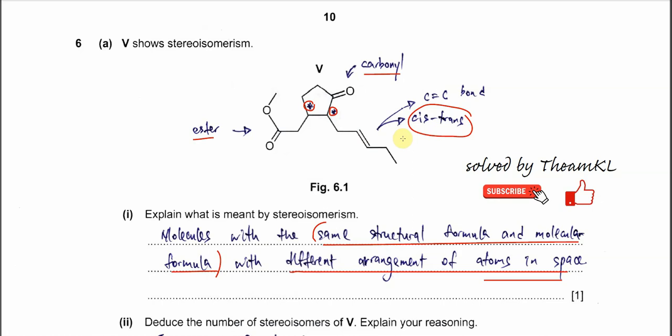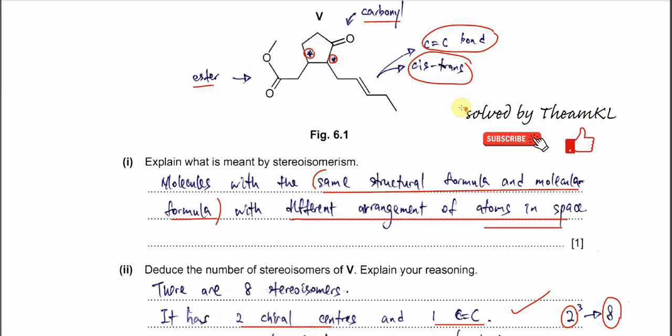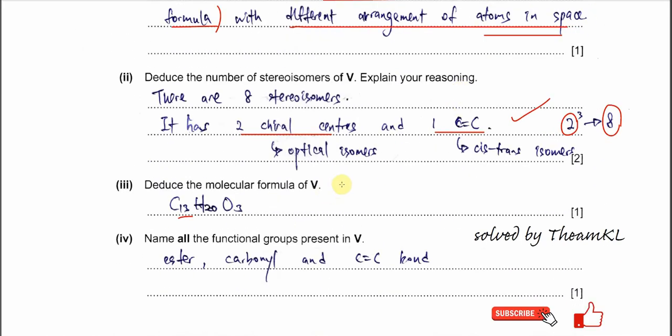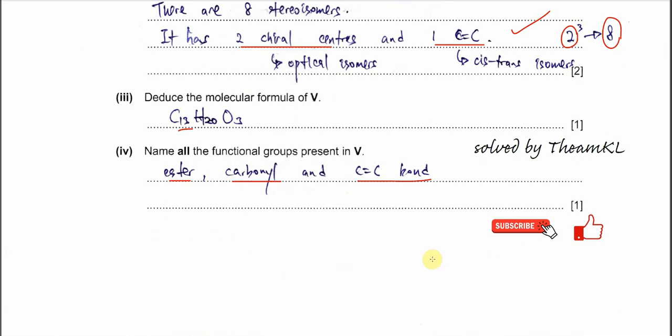Alkene is a functional group. But if you follow the latest syllabus, you need to put CC double bond. This is a functional group. If you check the syllabus, you'll see the functional groups in the table. Okay, therefore the better answer is ester, carbonyl, and CC double bond.